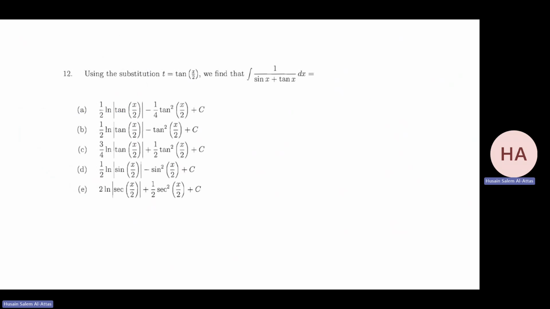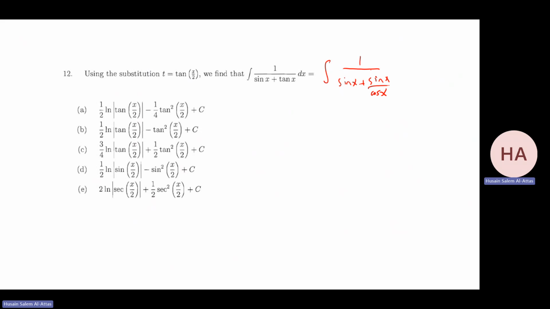Now we have 1 over sine plus tan x. We don't have a formula for tan, but I can change it to sine and cosine. That's 1 over sine plus sine over cosine.